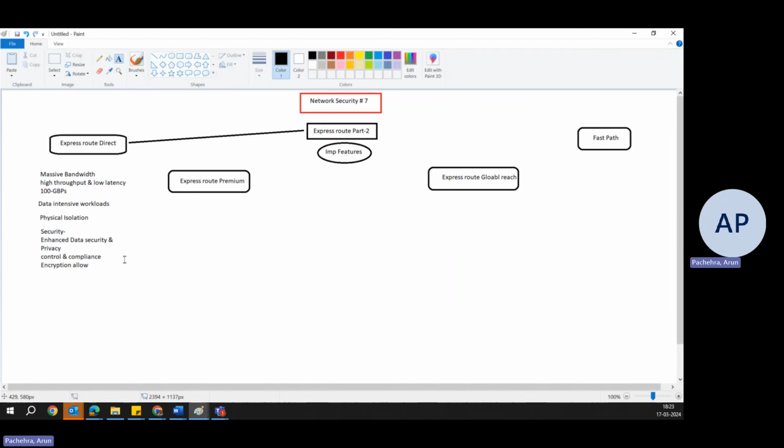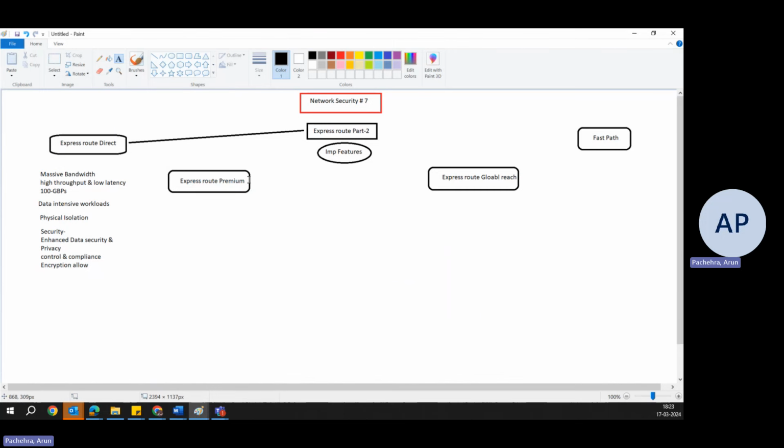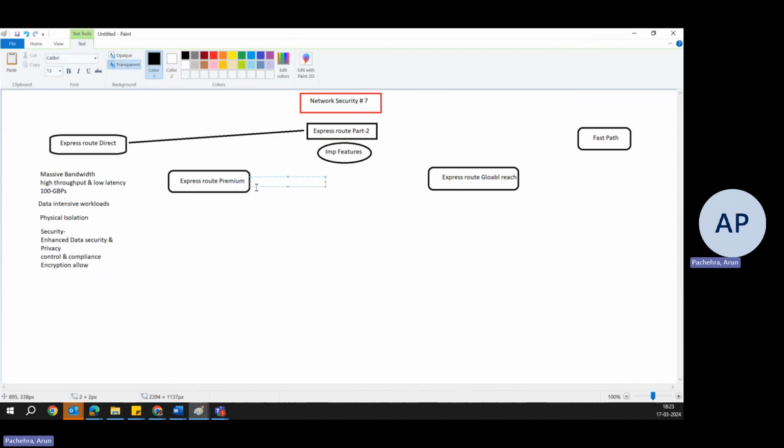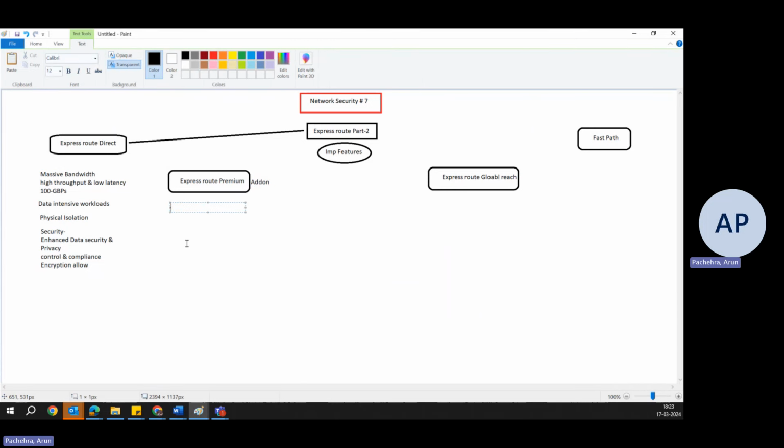Now it's time to talk about add-on. I should write here add-on. This is add-on. Let me write here. All right. So Express Route Premium add-on is an enhancement to the basic Azure Express Route service designed to meet the needs of enterprises requiring advanced features beyond the standard offering.